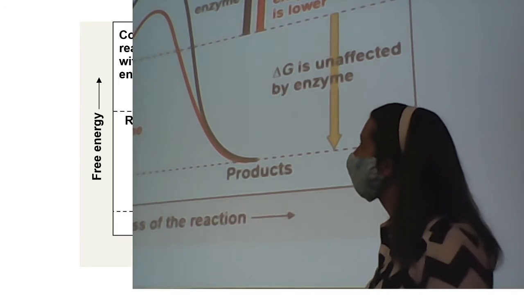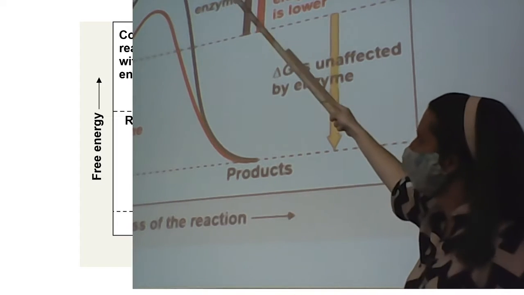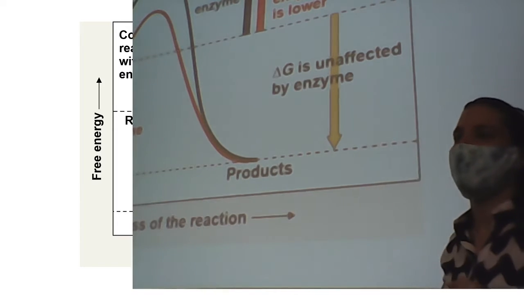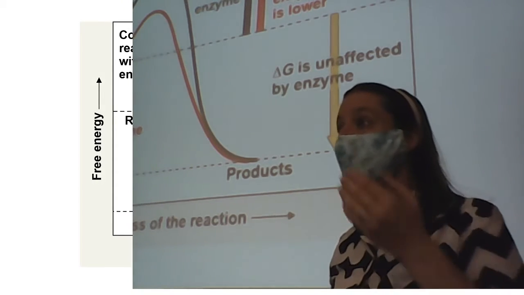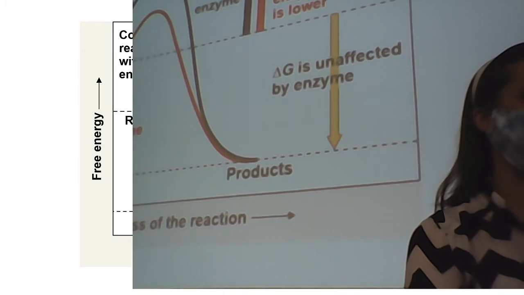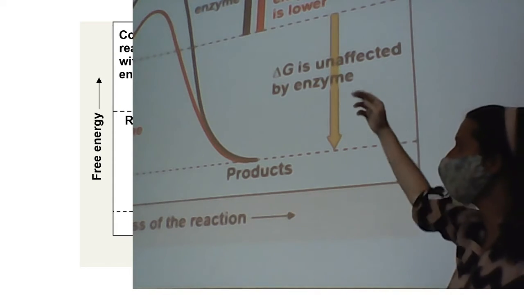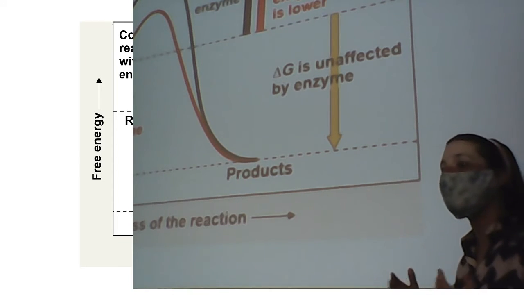Without the enzyme, the free energy bump is called EA, the energy of activation. It's really high. Takes up a lot. This isn't going to happen unless the whole system's really hot or something like that. Without an enzyme it's high; with an enzyme, it lowers that, making it more able to happen.